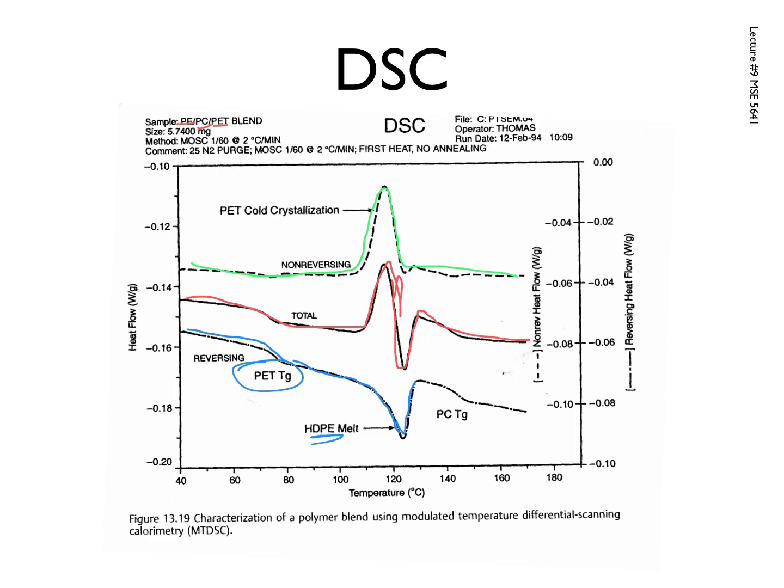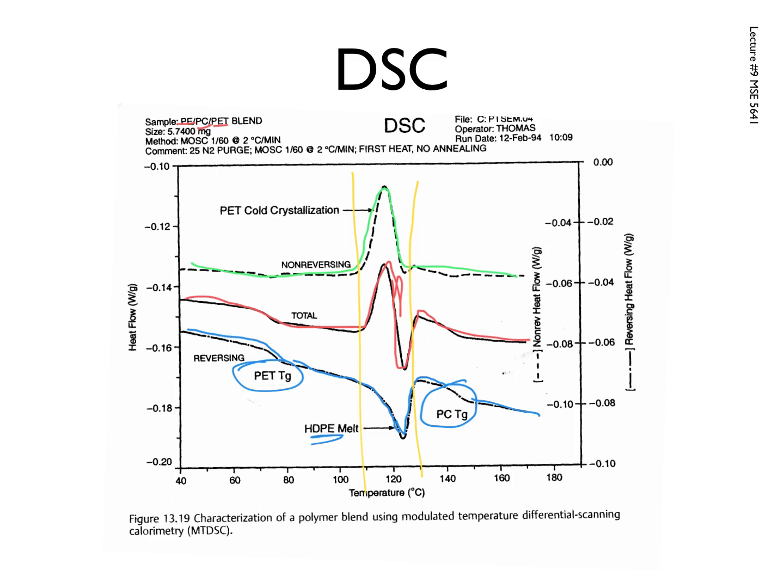All right, and then if we go up to higher temperatures, we also see a glass transition for polycarbonate. Okay, but again, where everything overlaps, if we just had the red curve, then we wouldn't know what the heck is going on. All right, but with the reversing and non-reversing separated out, we know that part of that is crystallization, the other part of it's melting, both of which are more or less occurring in the same thermal space.